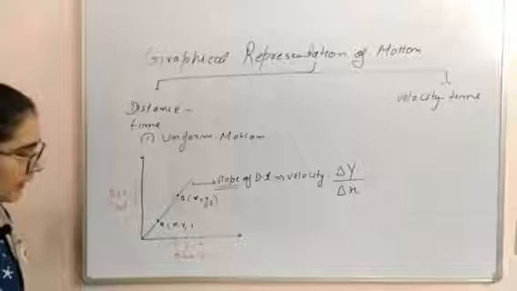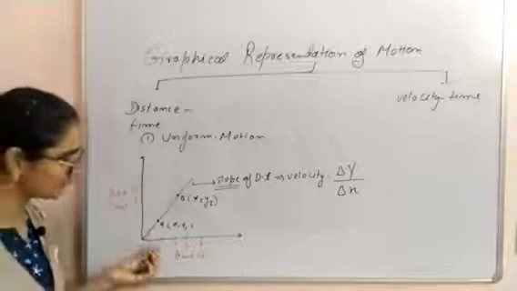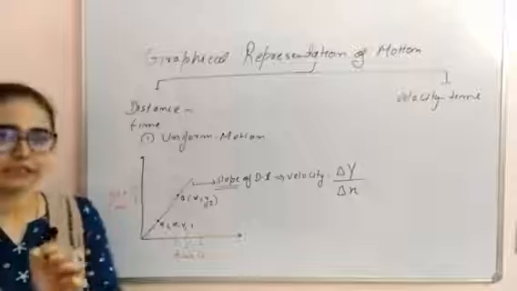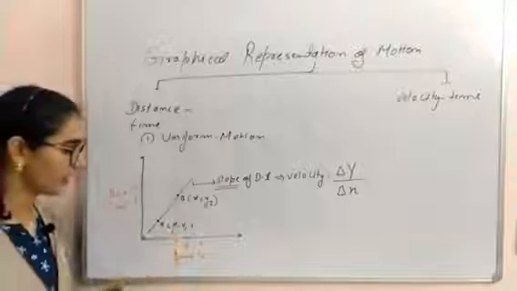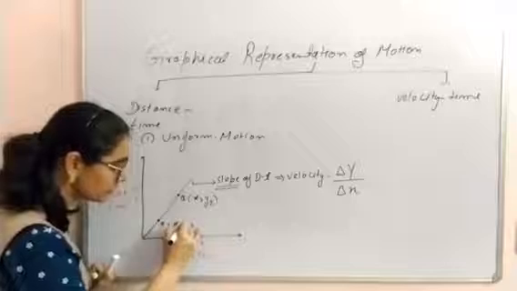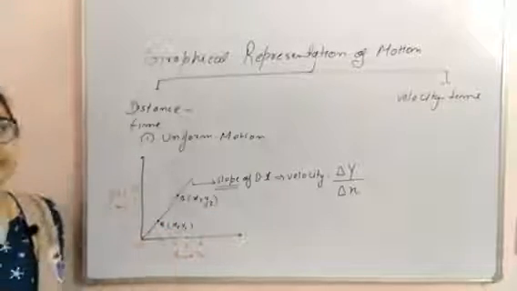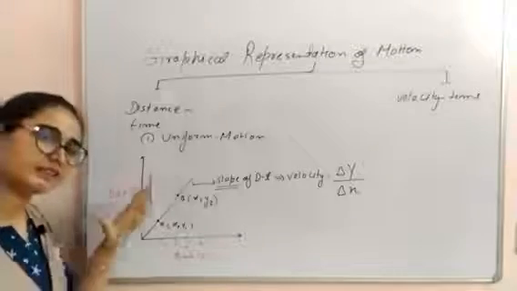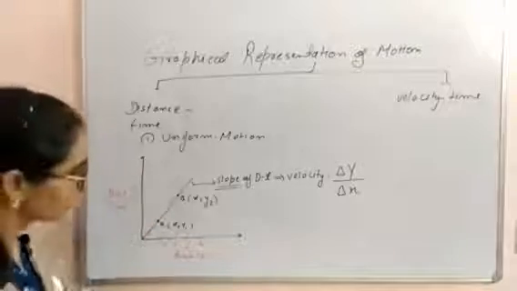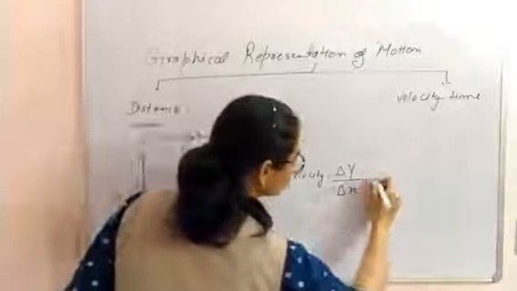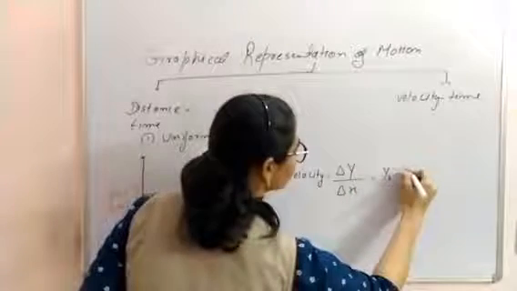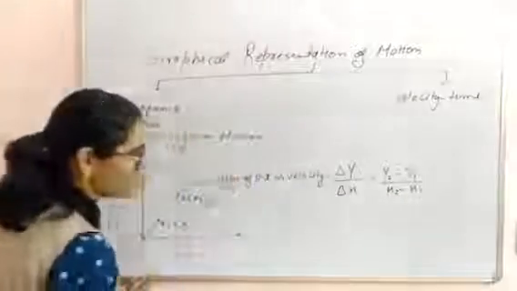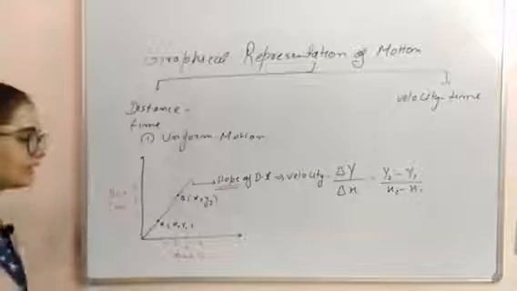Please always keep in mind, while you are taking a slope, the point which is earlier in time will be considered as x1 and y1, and the point which is later in time will be considered as x2 and y2, no matter if it's an increasing or a decreasing slope. Clear? So what is delta y? Delta y is y2 minus y1, upon x2 minus x1.